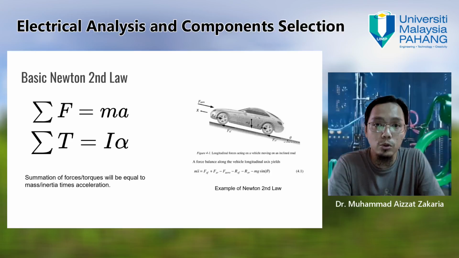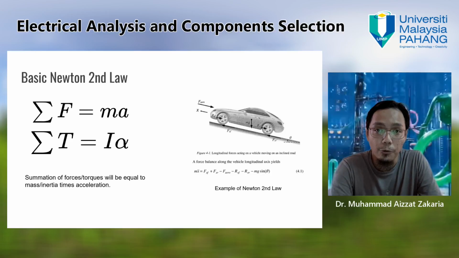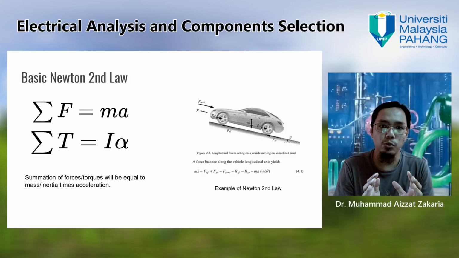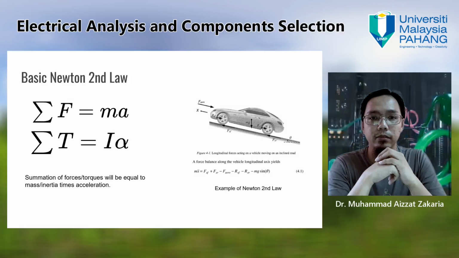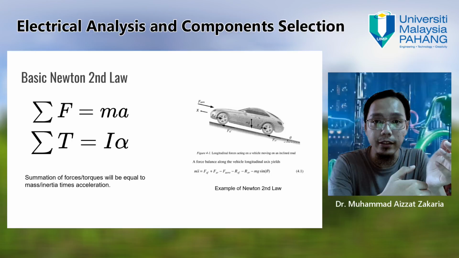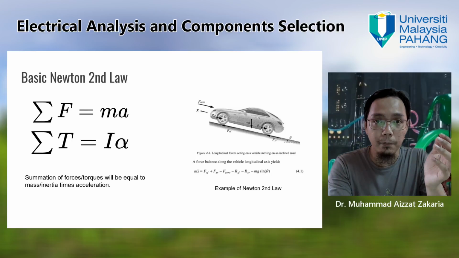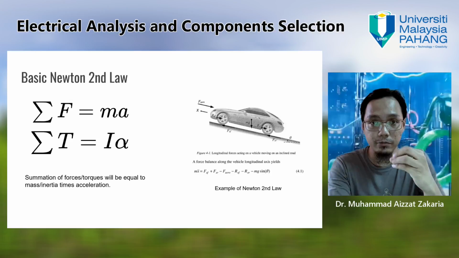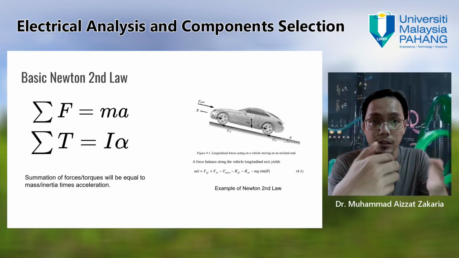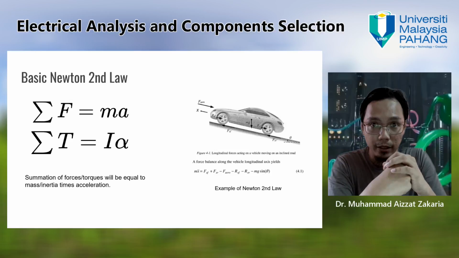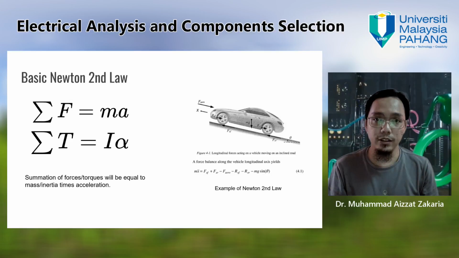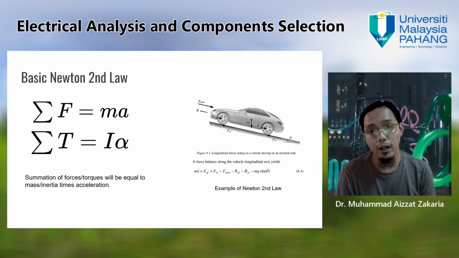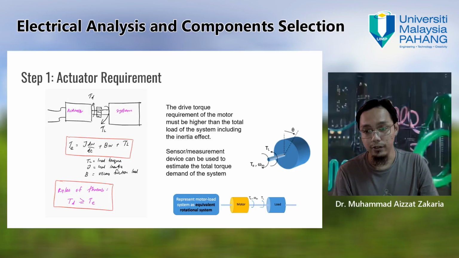In order to go uphill, we have to consider that the force we supply to our vehicle must be higher. If your force is lower than the load requirement, then the vehicle cannot go uphill. So we have to consider what we call the force balance equation. You have to understand this one first.